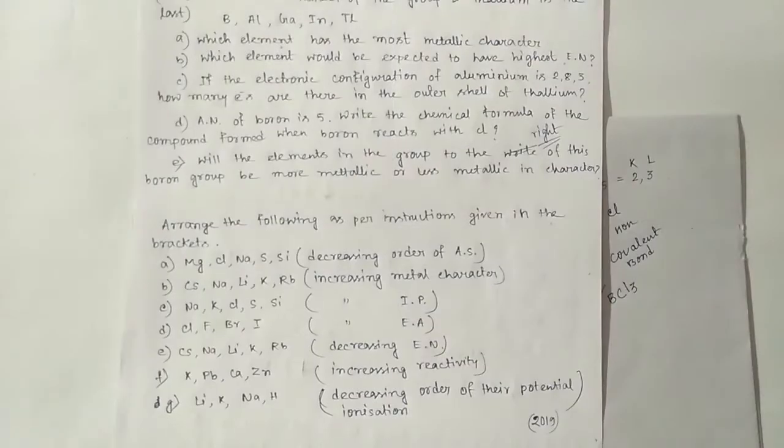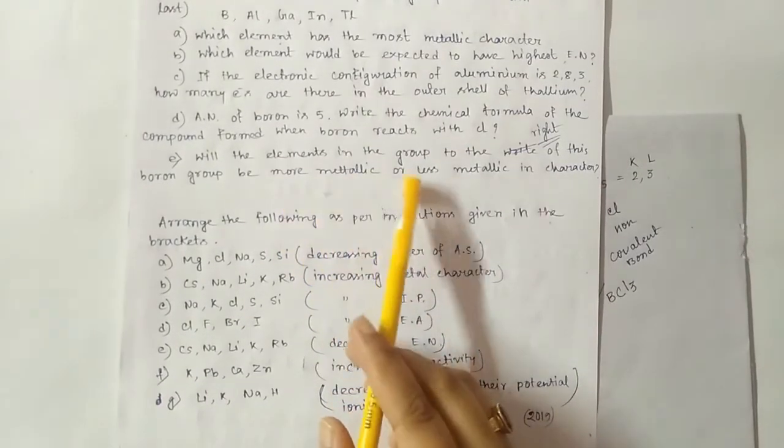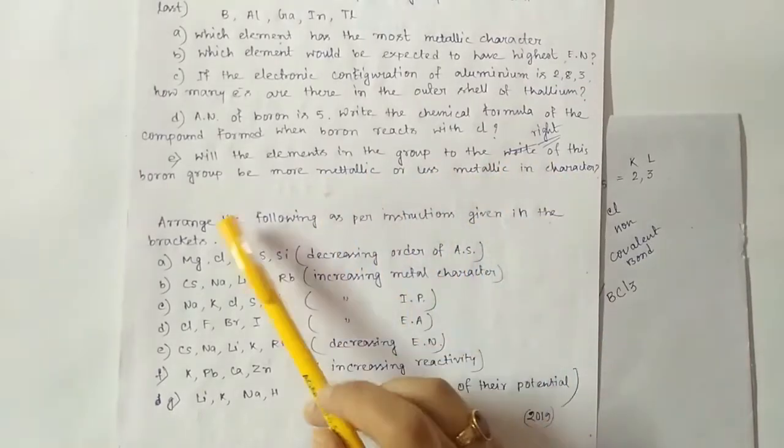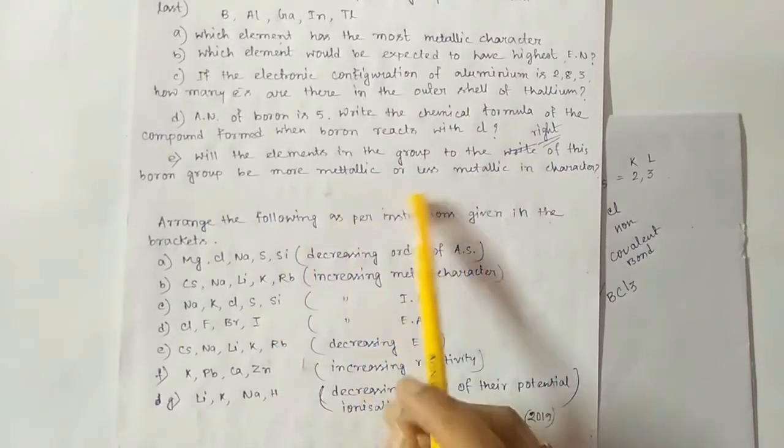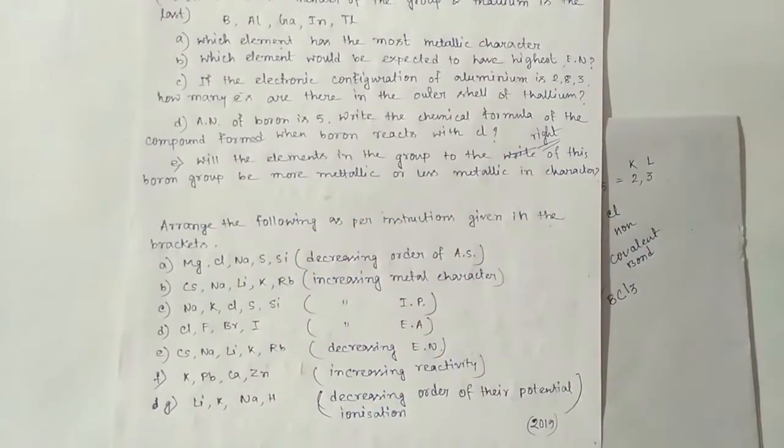So the next question is, will the elements in the group to the right of this boron group be more metallic or less metallic in character? If you watch my earlier video, I explained everything there, why the left side elements of the periodic table are more metallic than the right side elements.